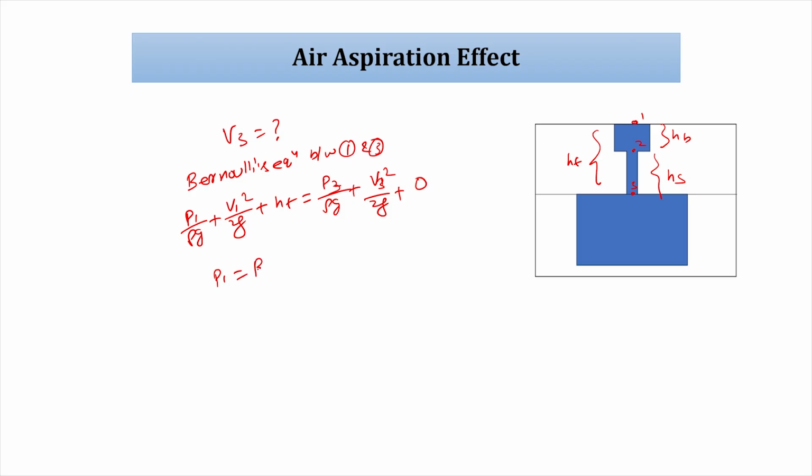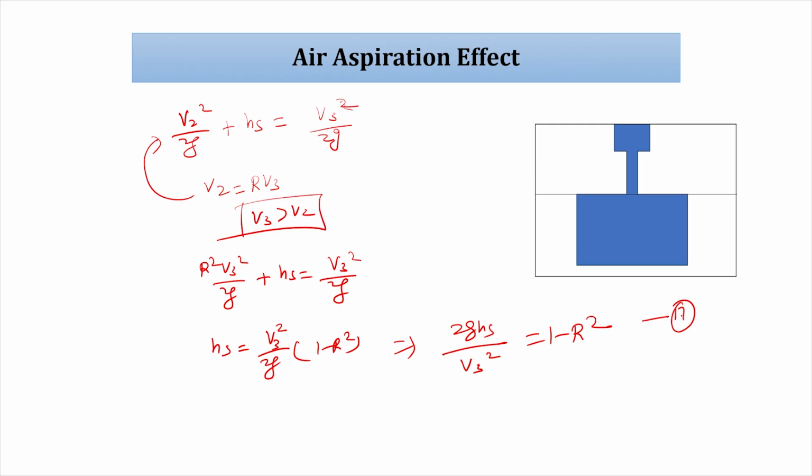P1 and P3 are P atmospheric, V1 equals 0 due to HB constant. So V3 equals root under 2g HT, that we know.